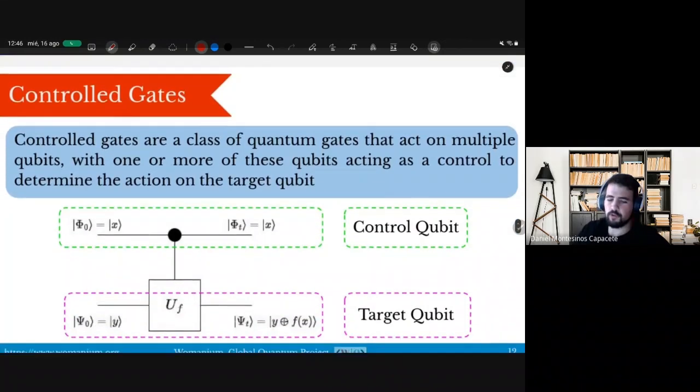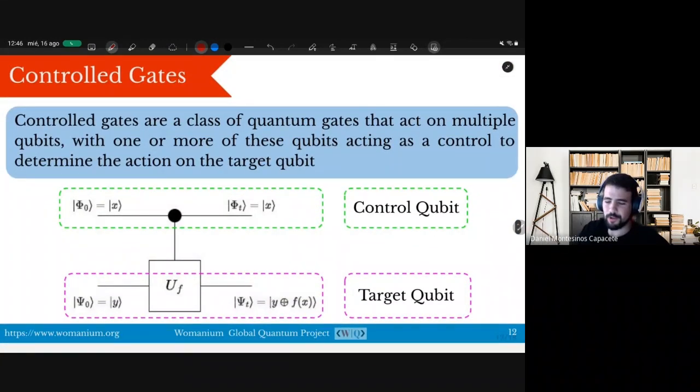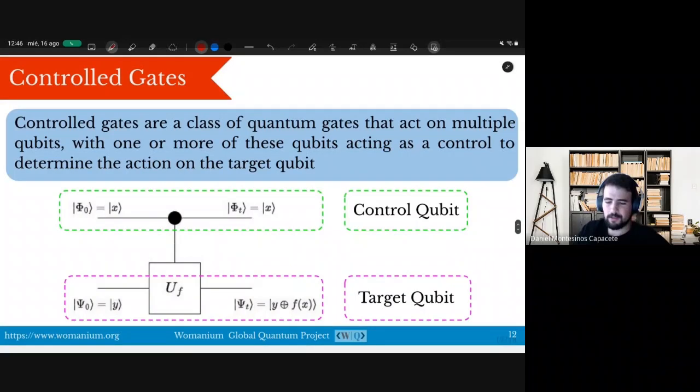Right. So control gates. This is the gate I told you I would describe. Control gates are just one more type of gate, but they have a special property: they act on at least two qubits, and the more common control gate is normally on two qubits.